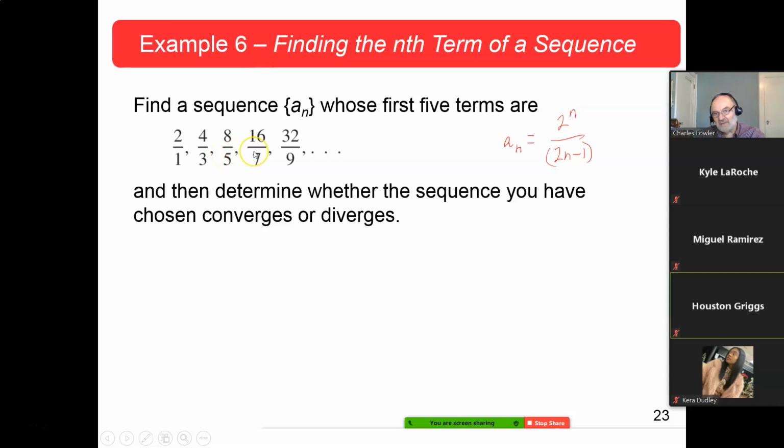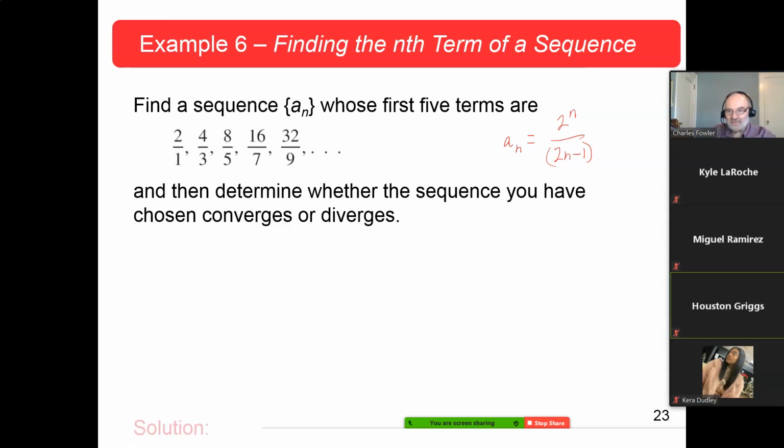This would be 2 2/7. This would be 3 5/9 or so. Yeah, that looks like it diverges to me. The numerator gets bigger way faster than the denominator does. Therefore this looks like it has to diverge.